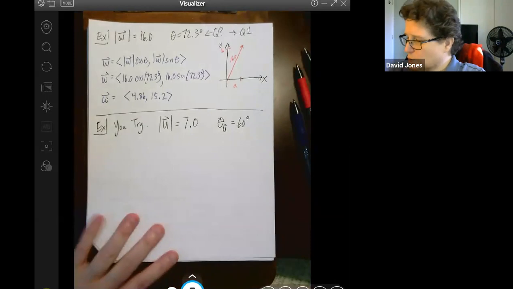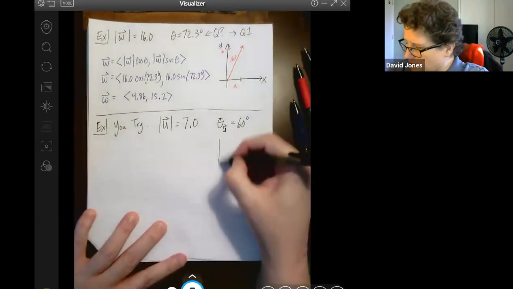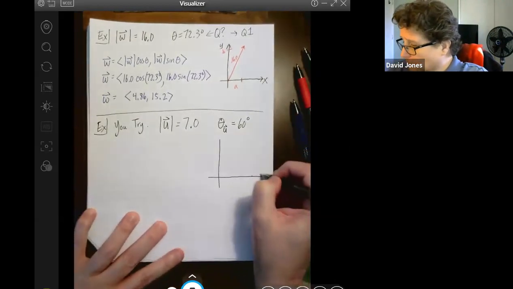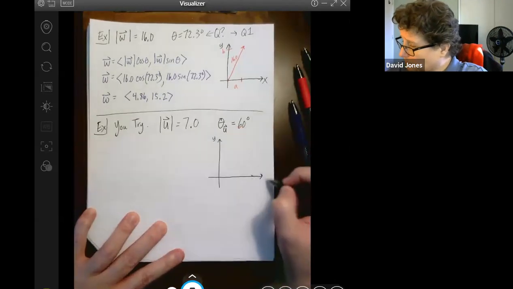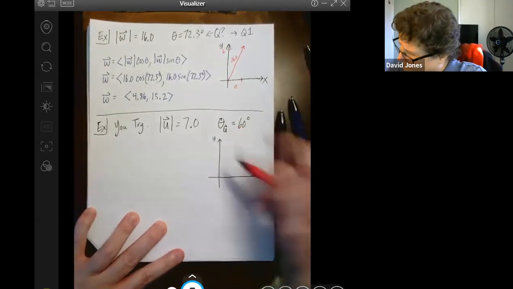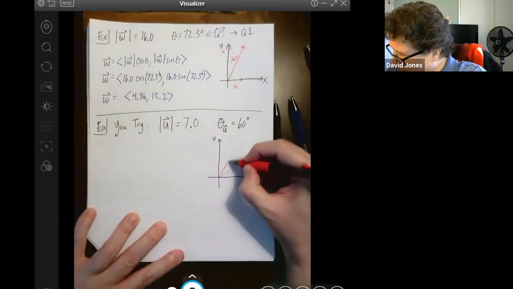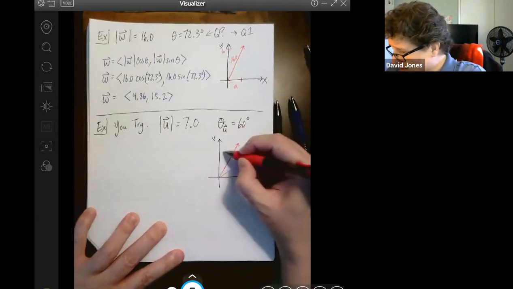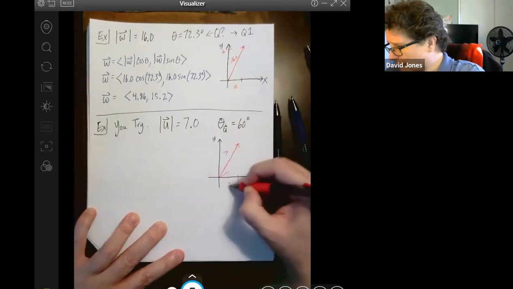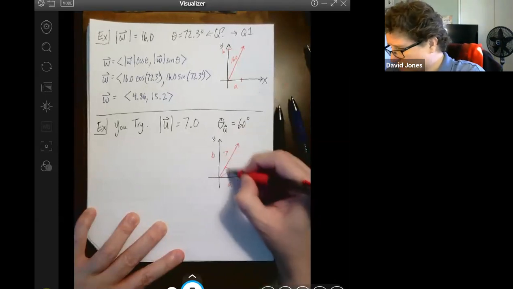Okay, I'll assume you worked through it. This one is also in quadrant 1. Let's see, 30, 60, it's about like that one. 7 long, we're looking for A and B. There's my theta.